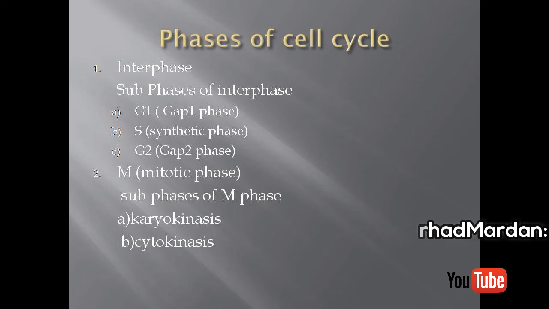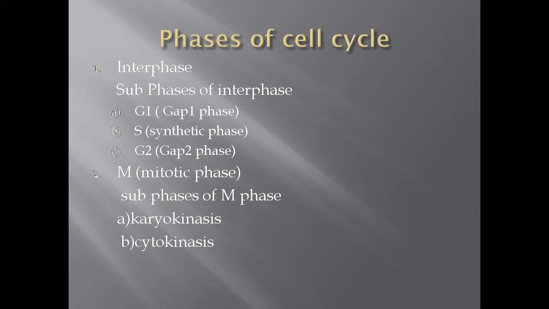Dear students, in this slide I will tell you about the phases of cell cycle. The cell cycle has been divided into two major phases. The one is interphase and the second one is M or mitotic phase.